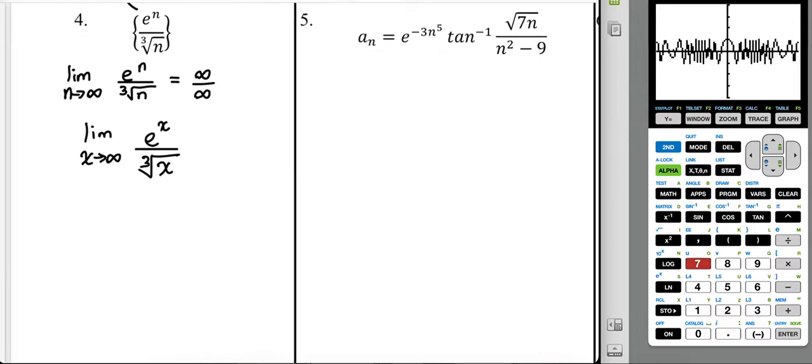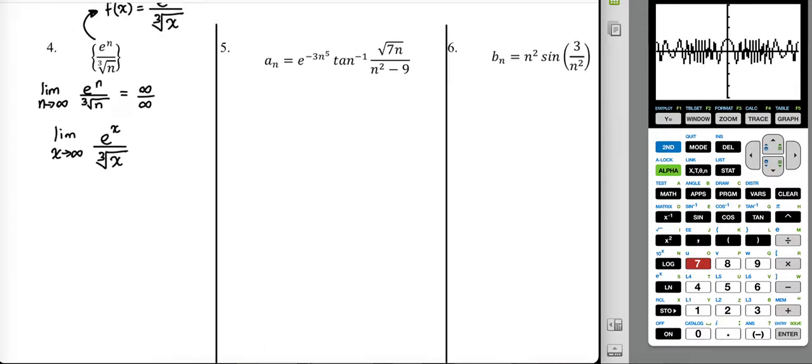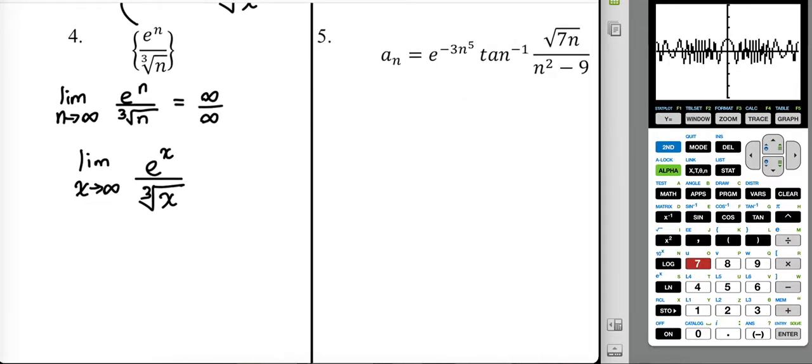All right, so we could apply L'Hopital's rule, or at least attempt to. In doing so, I would get e to the x, no help there, over 1/3 x to the negative 2/3, still with a limit as x approaches infinity.